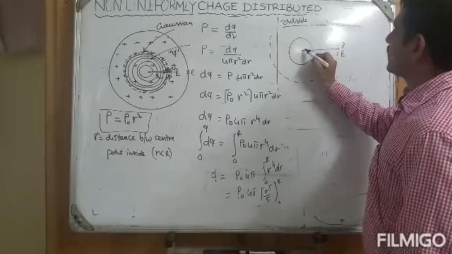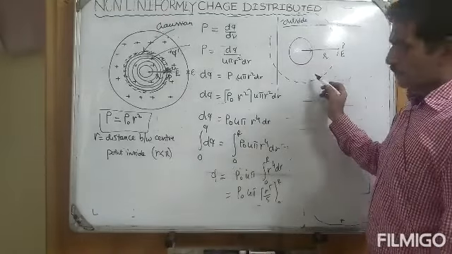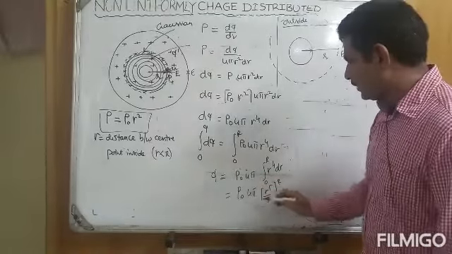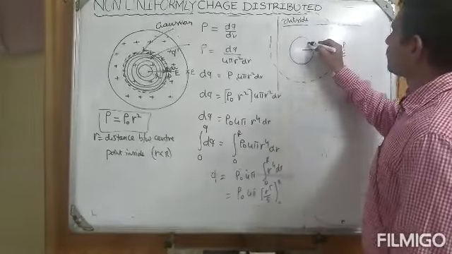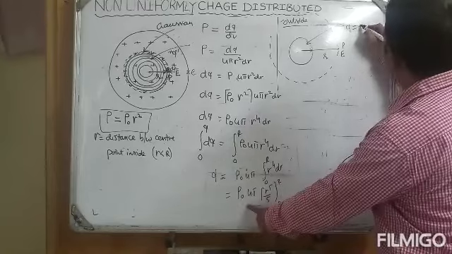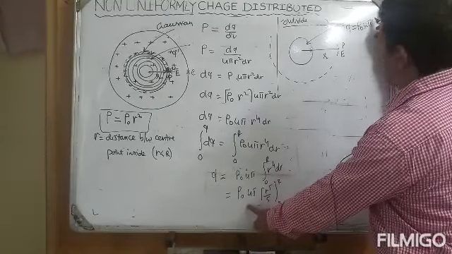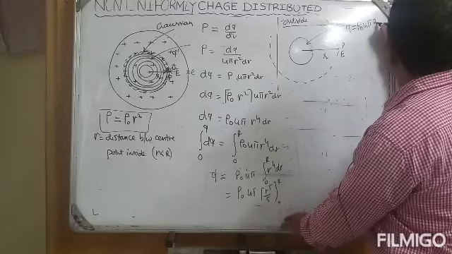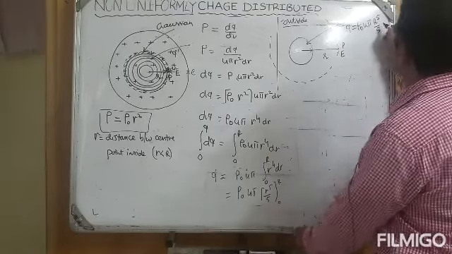Charge is distributed only up to capital R. Therefore the total charge inside will be Q equal to rho naught 4 pi R power 5 by 5 only. Understand? This is the total charge.